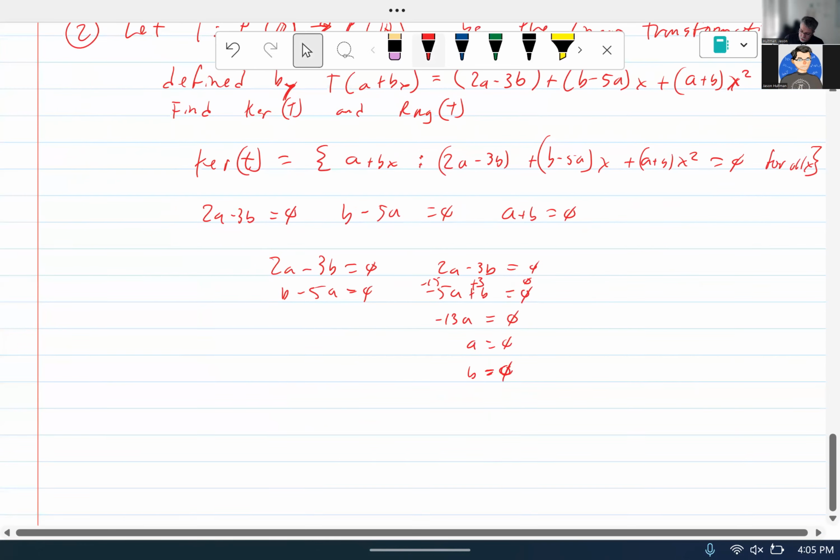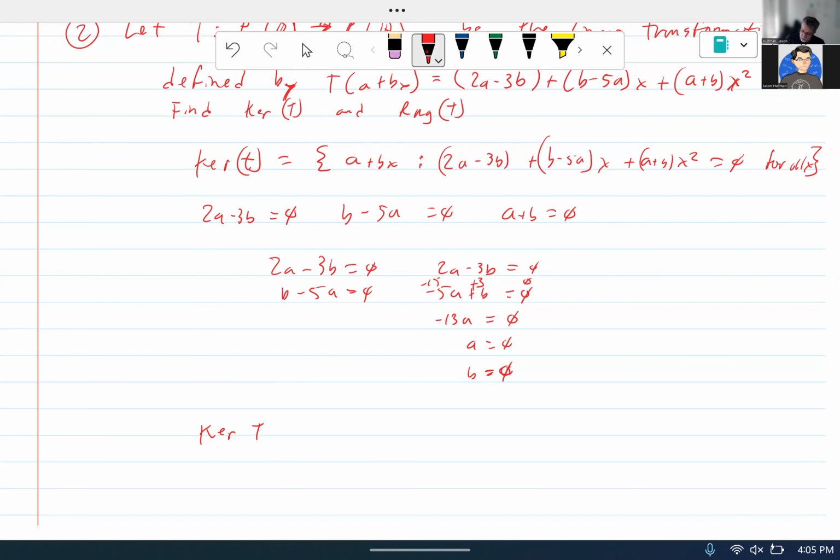Okay, and so what's the kernel of T? Well, the kernel of T are all the linear expressions that produce 0, all values of A and B that produce 0. So the kernel of T is really just A plus BX, but A and B are 0.